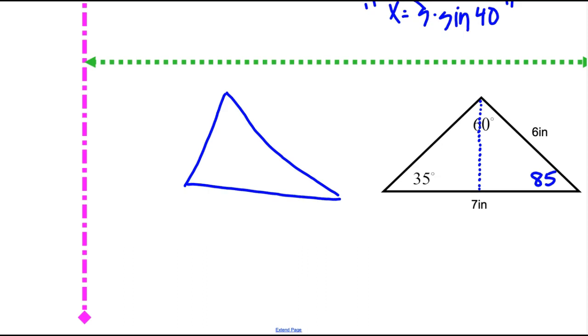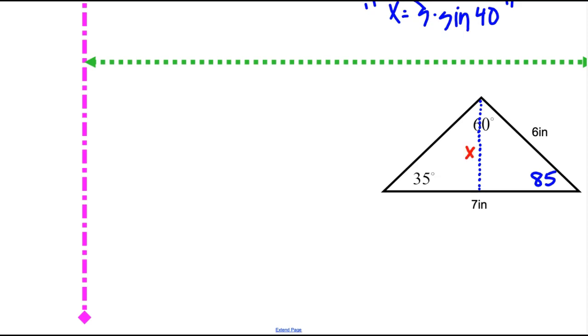See, if this was truly 60 and this was 85 and this was over here at 35 and you dropped it down, see what happens here? So the picture is misleading, so you have to be careful on that. I know I flipped it around, but same kind of deal. So anyhow, let's do SOHCAHTOA, and then we would find our height.